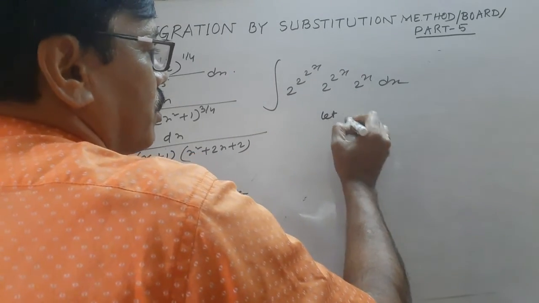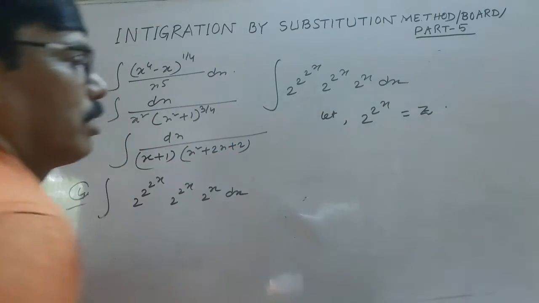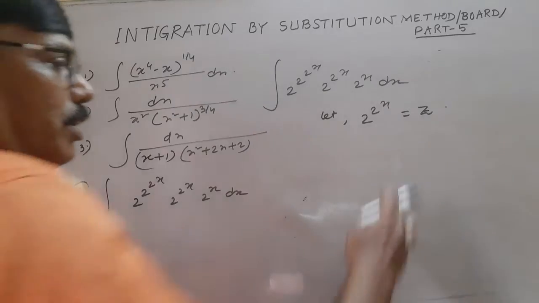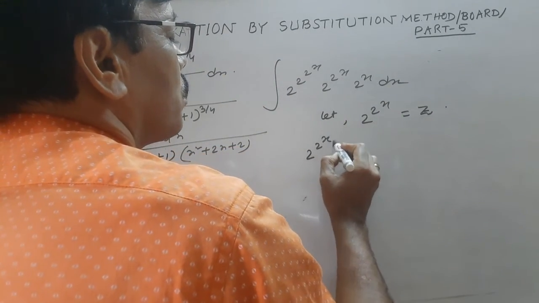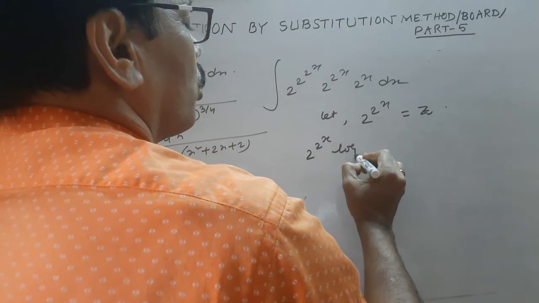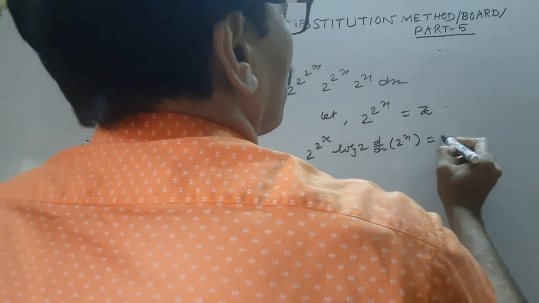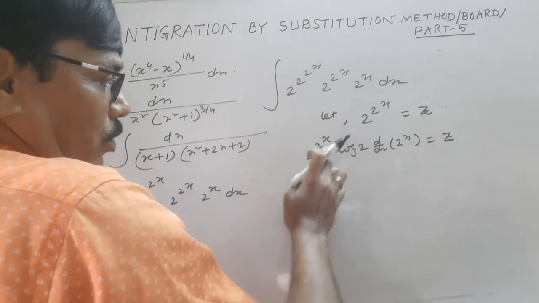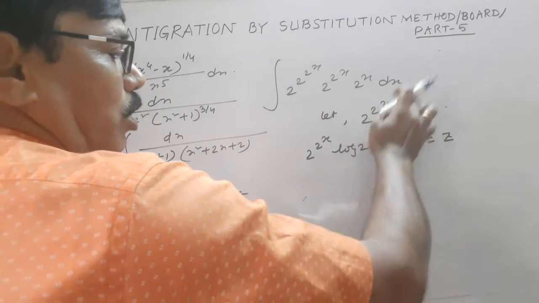So the obvious transformation is, let this equal z. Now the derivative: base is 2. So 2 to the power x into log 2 into d/dx of the argument. 2 to the power, this one unchanged, into log 2. Base is 2, so this is log 2 into d/dx of the argument.